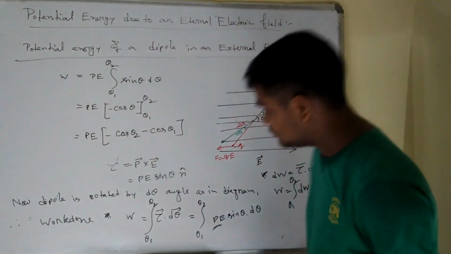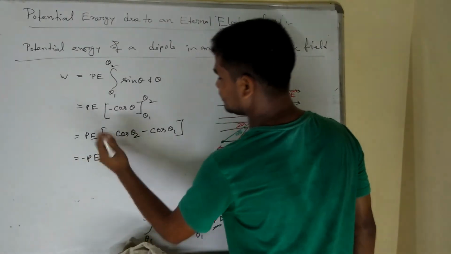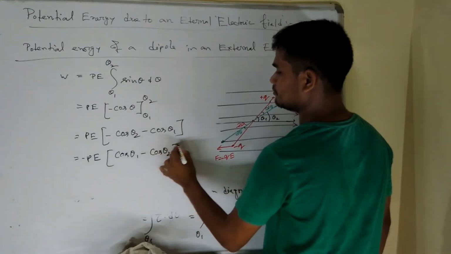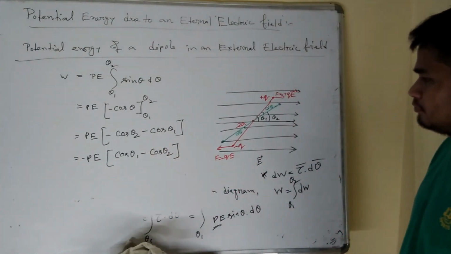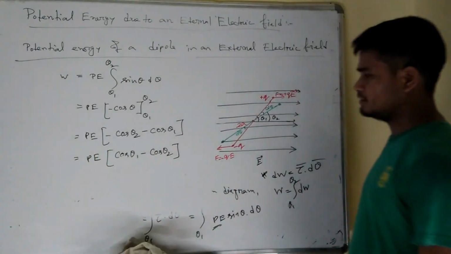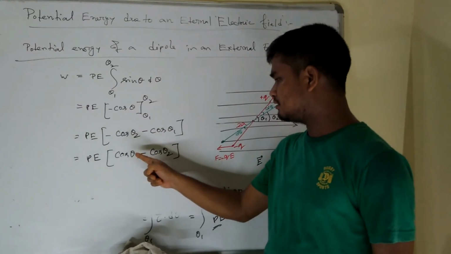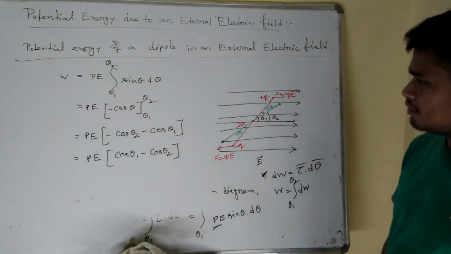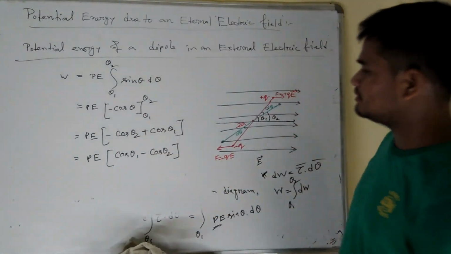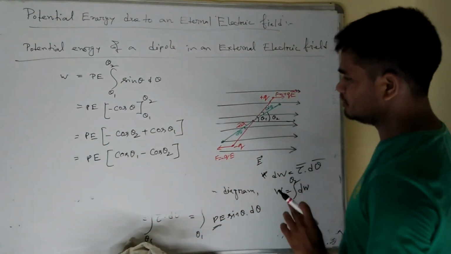The minus sign comes out, so W is equal to PE times cos theta 1 minus cos theta 2.